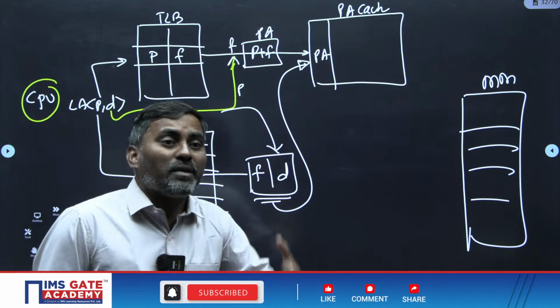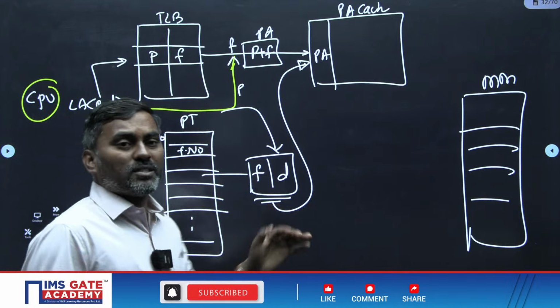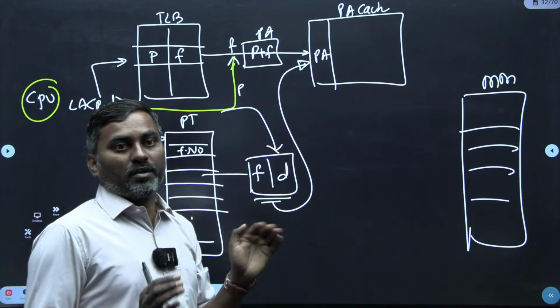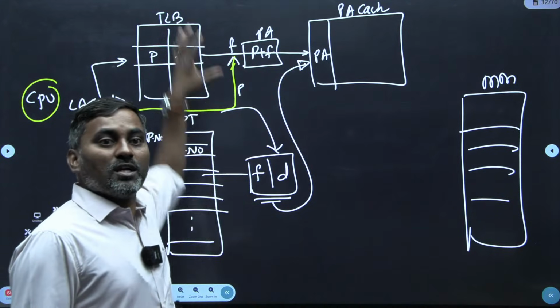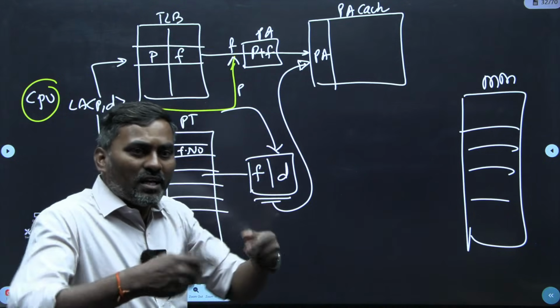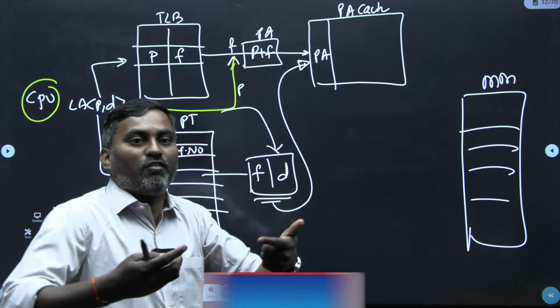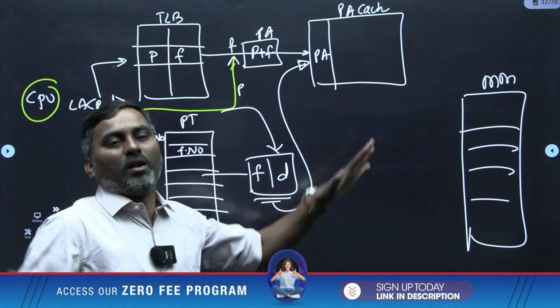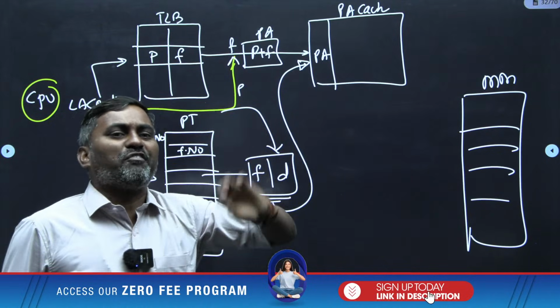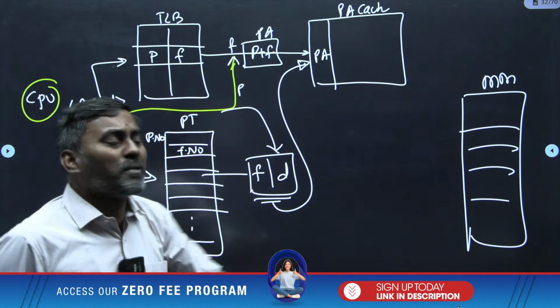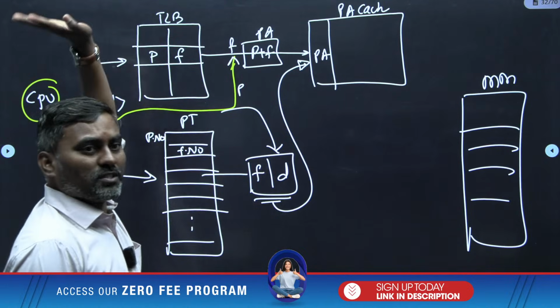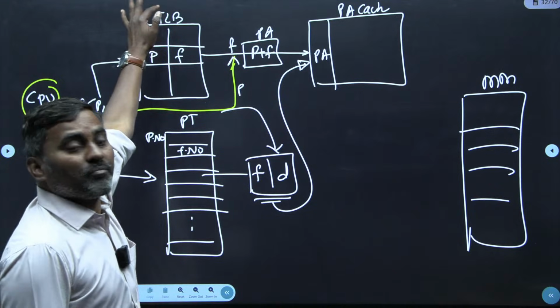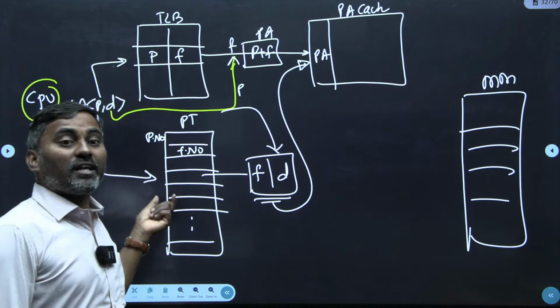All the page table entries cannot be stored in TLB because TLB size is smaller compared to the page table size. In TLB, only recently, frequently referred page numbers are present, not all. So every reference generated by the CPU is not compulsory to be a hit here. It can be a miss.